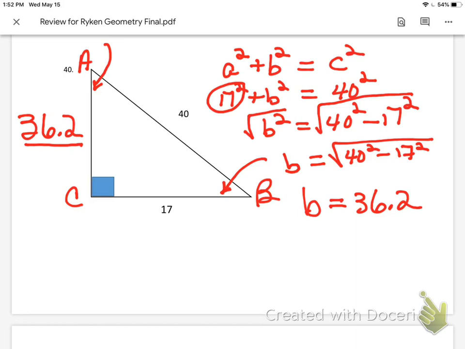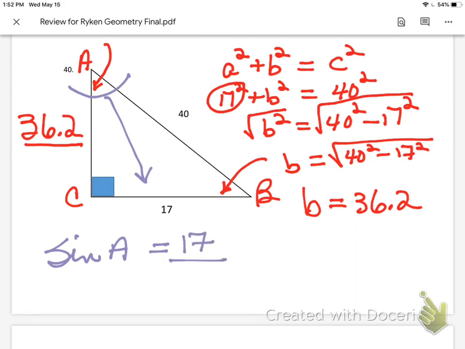Okay? Now we need to get an angle. Once I get one angle, I'm going to use subtraction to get the second angle. So let's say that I really want to use sine. From angle A's perspective, I can say the sine of A. Do I have enough information? Yes, I do. The sine of A equals opposite, which is 17, over hypotenuse, which is 40.